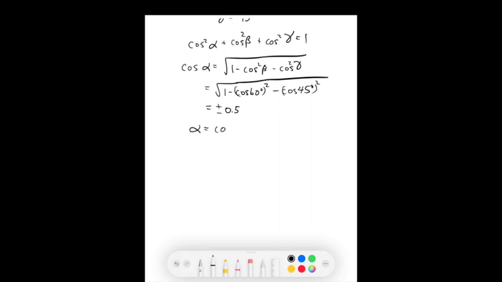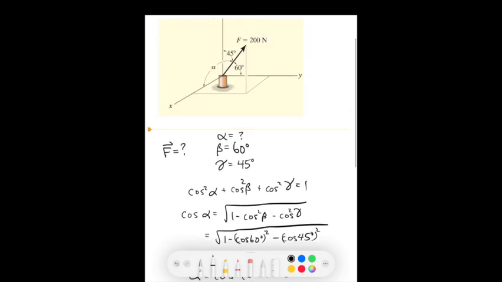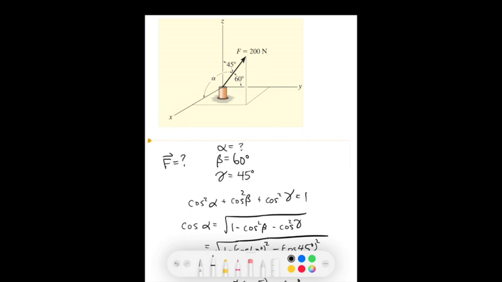If it's a positive 0.5, that means that alpha would be 60 degrees. Or if the cosine is equal to negative 0.5, that means that alpha would be 120 degrees. Well, we see that alpha points in the positive x direction, and it does not go past the y-axis.